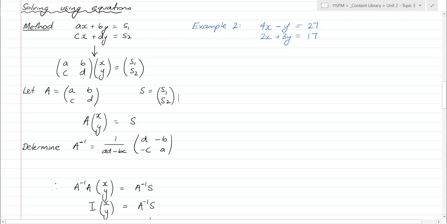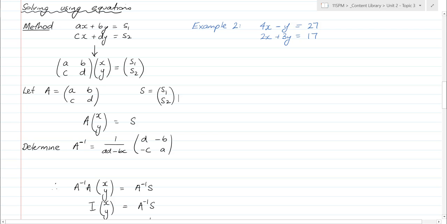So if you want to solve simultaneous equations and they're set up like this, where our coefficients of x and y are a, b, c and d, and the solutions to those equations are S1 and S2, we write this out as a matrix equation. You can break this down to be a coefficient matrix multiplied by the variable column vector, x, y, and it equals a solution column vector, S1, S2.